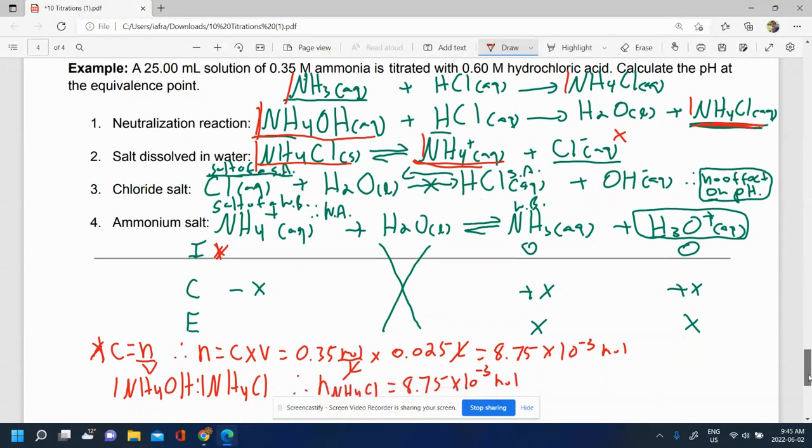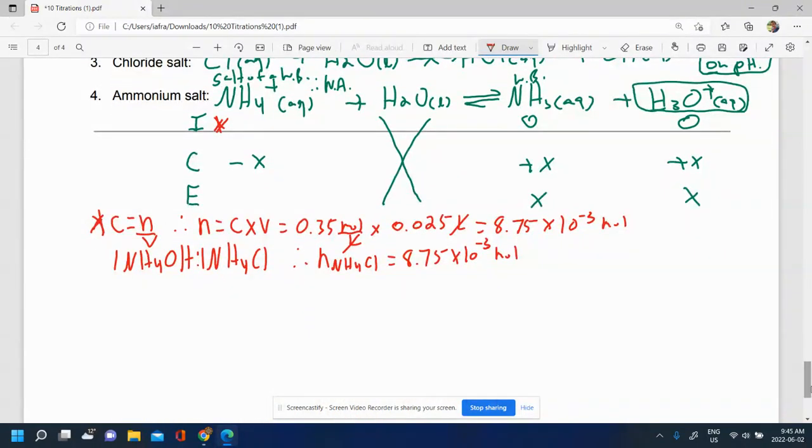So that means that we have that many moles of NH4 plus, since we have a 1 NH4Cl to 1 NH4 plus ratio. So we found the moles of NH4 plus. Now we just have to find the concentration.